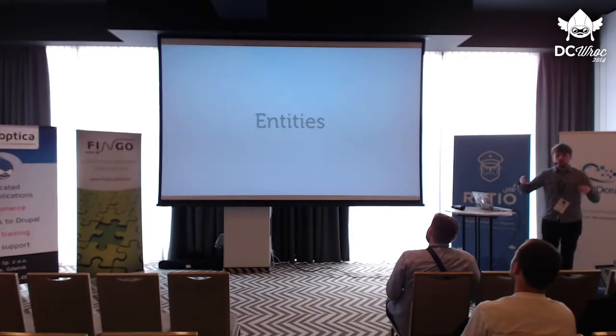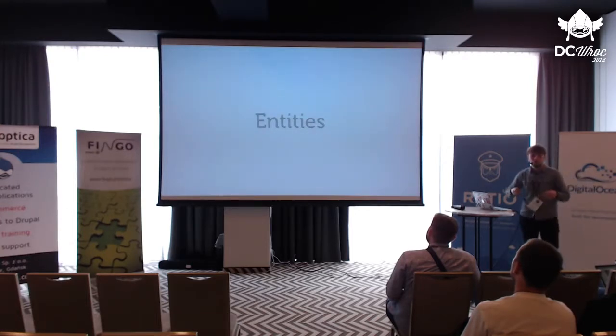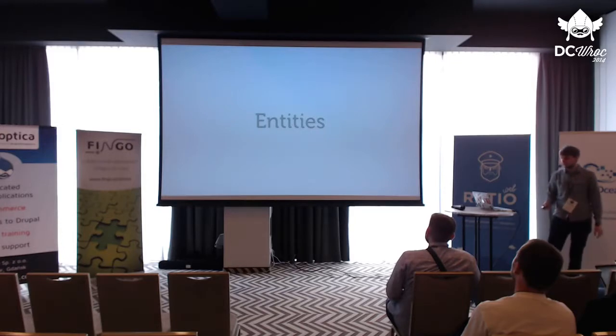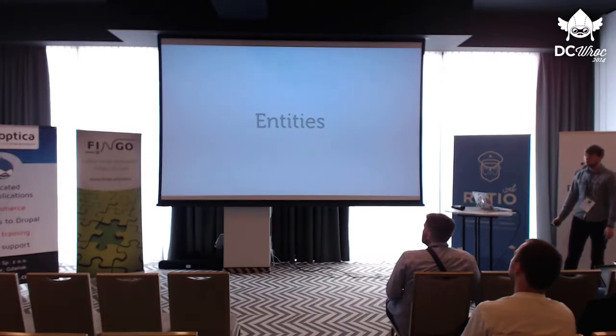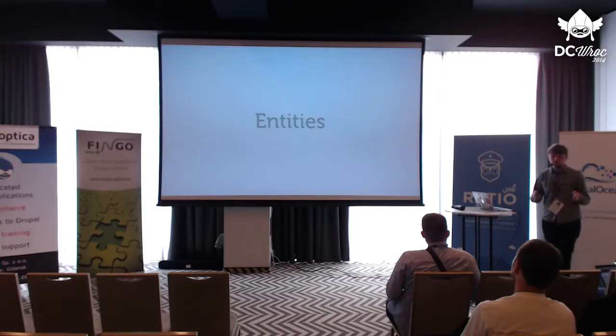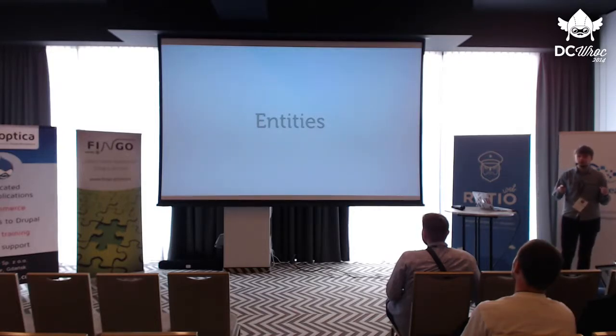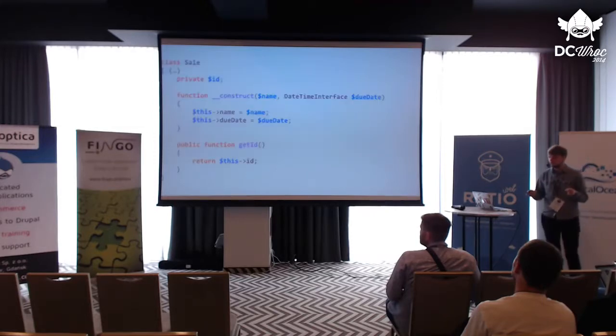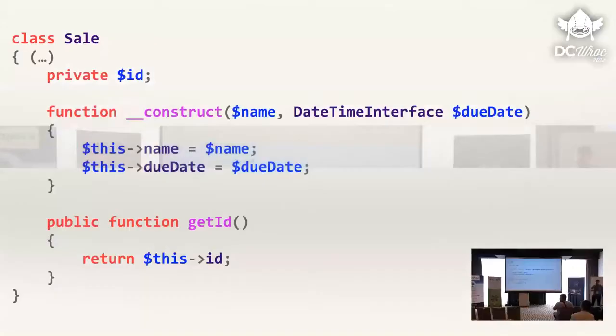So when we know where to put things, we need to know what we need to put in those folders. So basic thing, entities. We all know what entities are. So what's an entity? Entity is a thing that cannot be found and distinguished by its value. It just needs some identity, some identifier. So a simple sale entity.